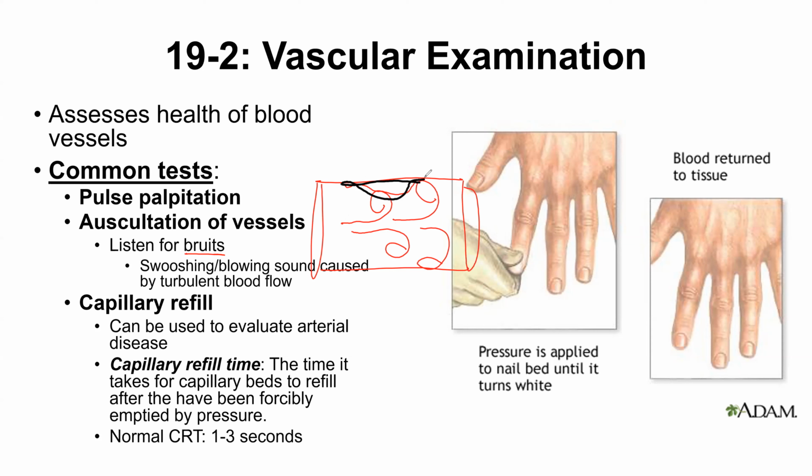So if there is some plaque buildup, then as the blood is flowing through the vessel, the blood cell is going to run into this plaque. And when it does that, it kind of bounces off of it and has to find a new route.